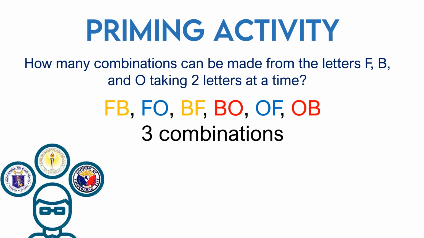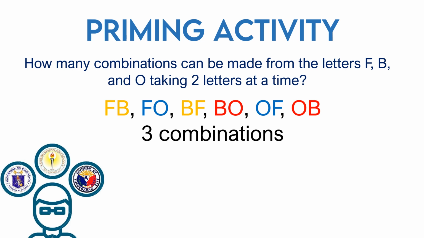Now notice that I have shaded with the same color those combinations that are the same. For example, FB and BF are two different permutations, but they speak of the same combination.